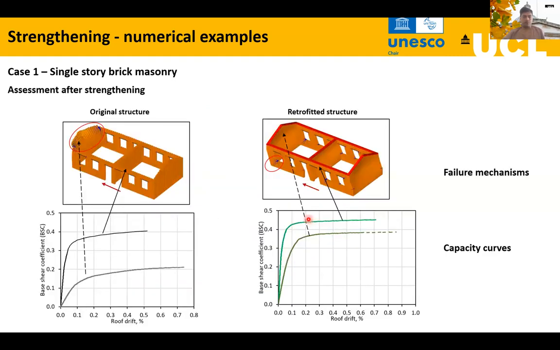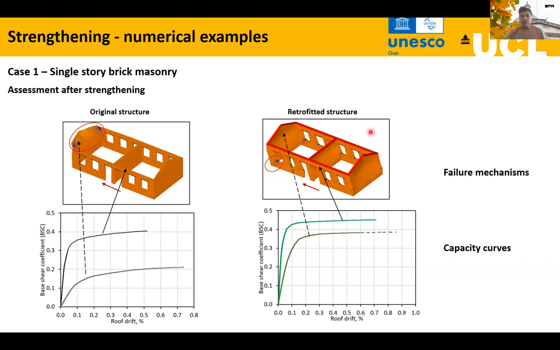So after retrofitting, if you now look at the failure mechanism, in the original structure, as we saw already, the out-of-plane vulnerability is the most critical one. But as soon as you install this ring beam here, the failure mode switches into in-plane failure modes, for example the shear failure here and the flexural failure here.